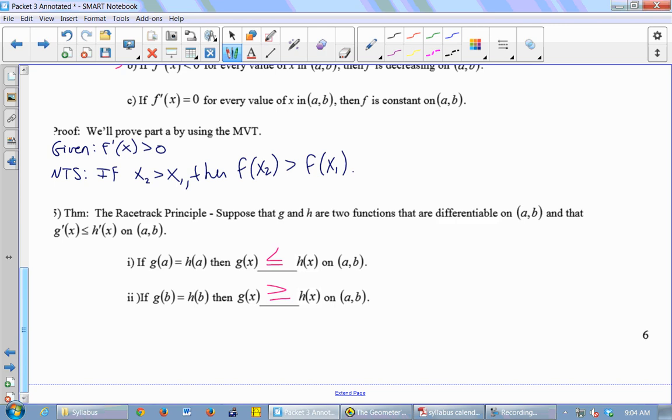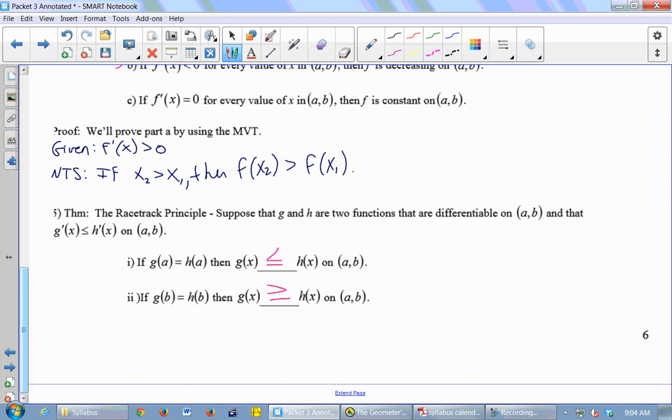Sure. Yeah. Think of if g and h are representing distance and time, right? If x is time and g of x and h of x are distance, and g of x and h of x are racing, then g prime and h prime tell you the speeds of the two racers, the velocities, right? Think about the zombie race that we talked about at the beginning of the semester.